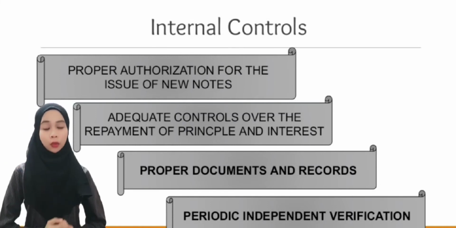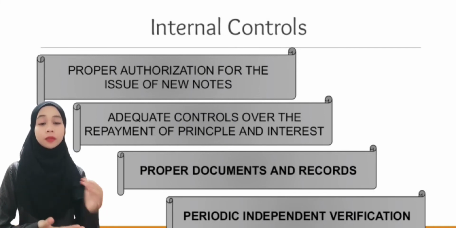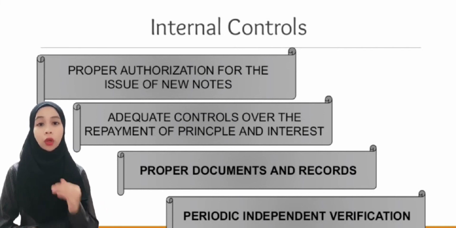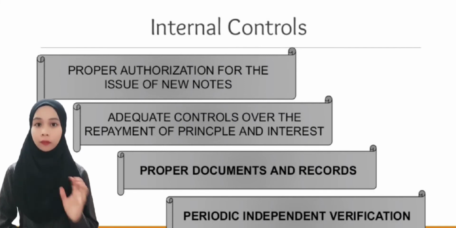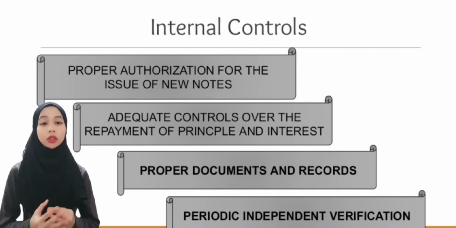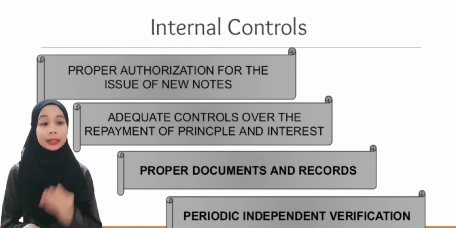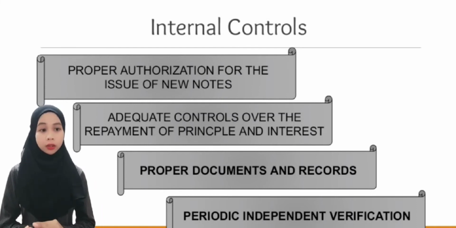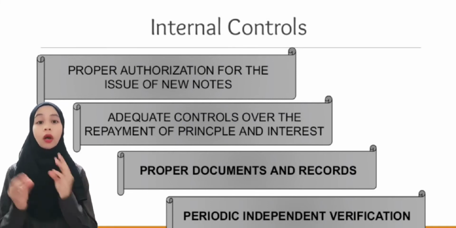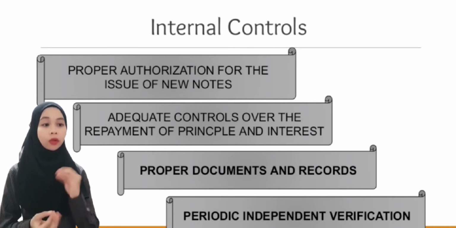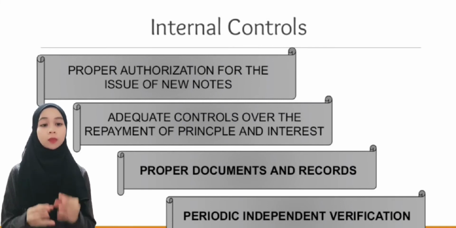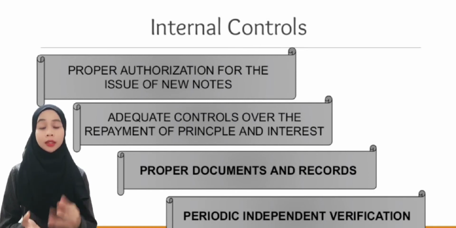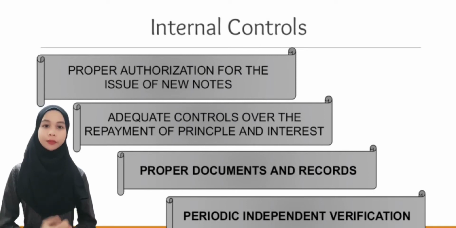For the third internal control, these include subsidiary records and control over blank and paid notes by an authorized official. For the last internal control, periodically the detailed note records should be reconciled with the general ledger and compared with note holders' records by an employee who is not responsible for maintaining the detail of the records.